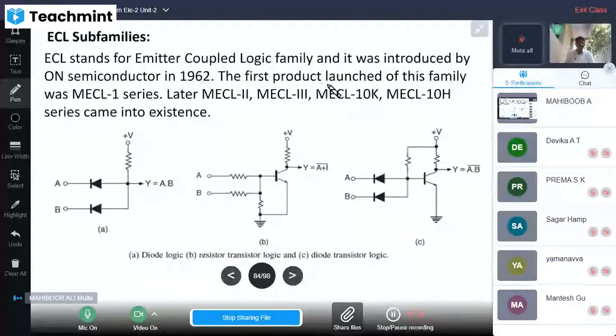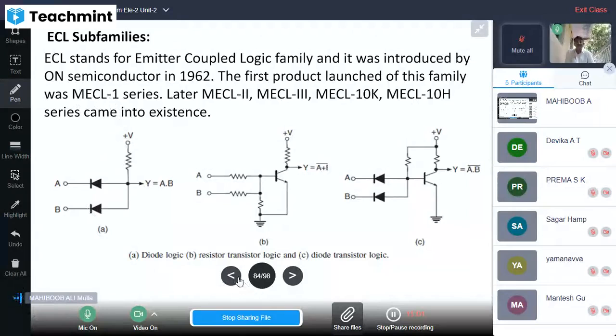The first product launched of this family is the MECL1 series, later the MECL2 series, 3 series, 10K series, and 10H series came into existence. So these are the ECL subfamilies.